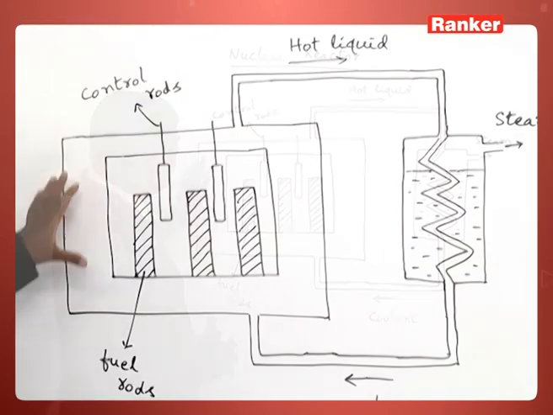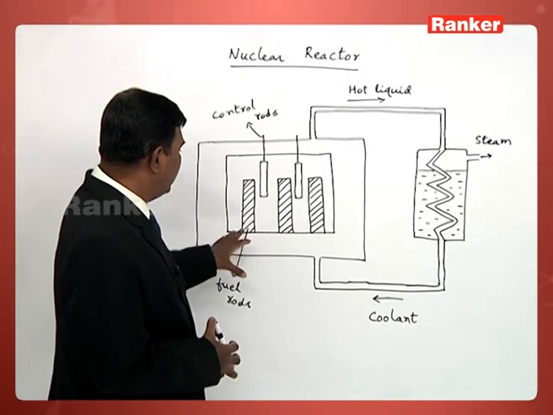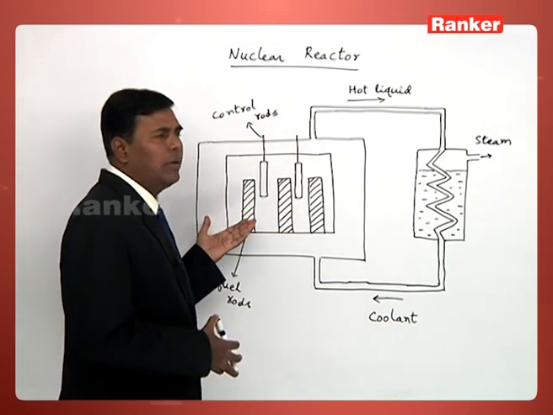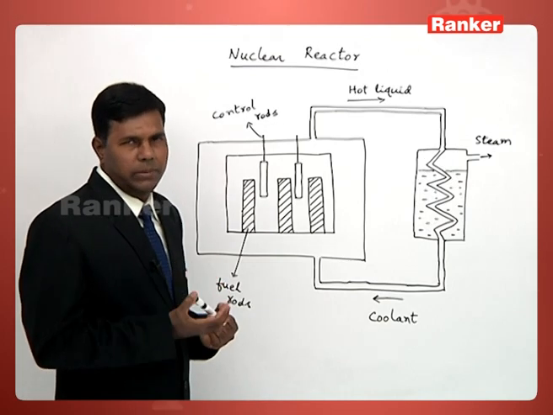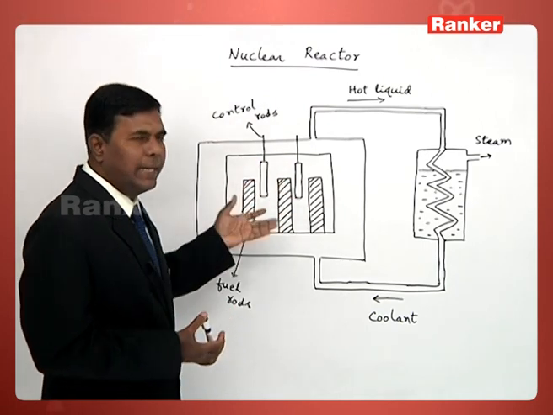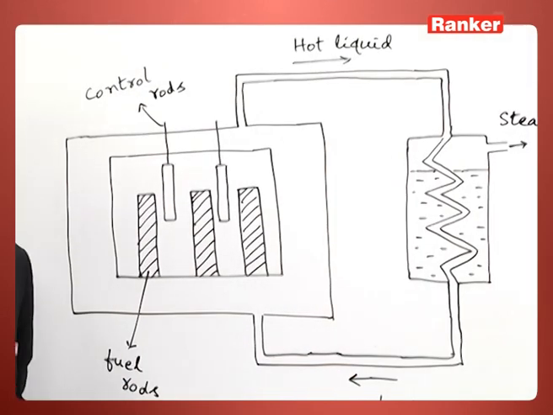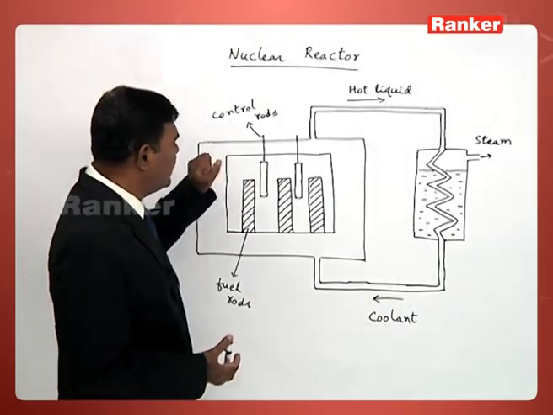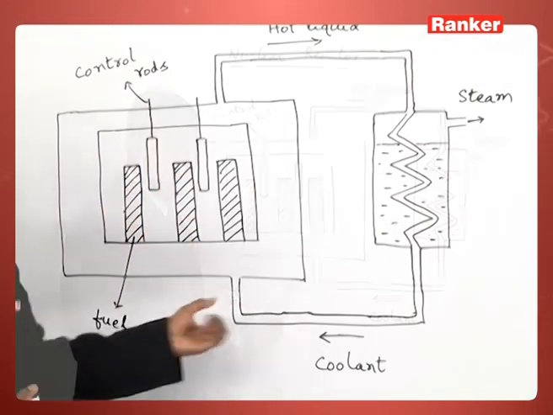Now coming to the generation of electric power, within the core of the reactor the fuel rods, the uranium rods, undergo the fission process and emit energy. So the temperature of the core will start increasing. At that time, the cooling system, molten metal or water, is sent into the core of the reactor, and the excess heat is absorbed by the coolant.